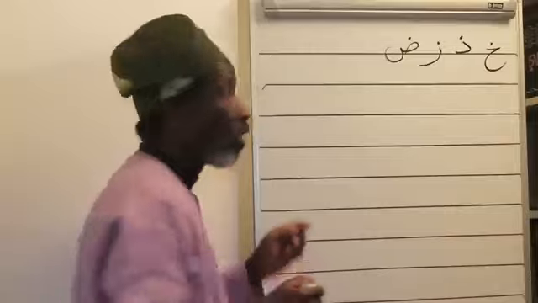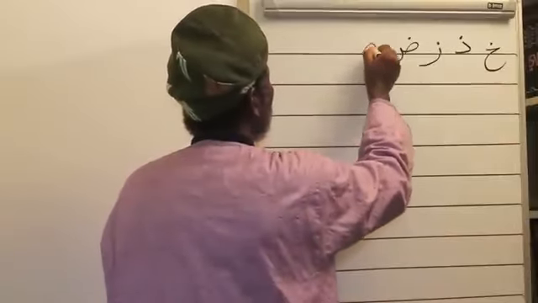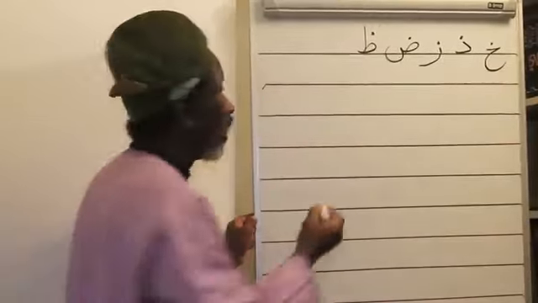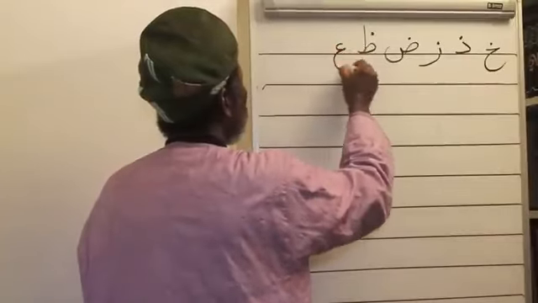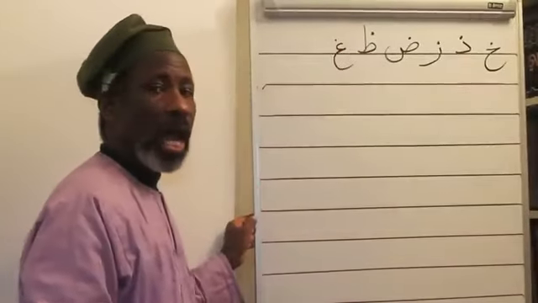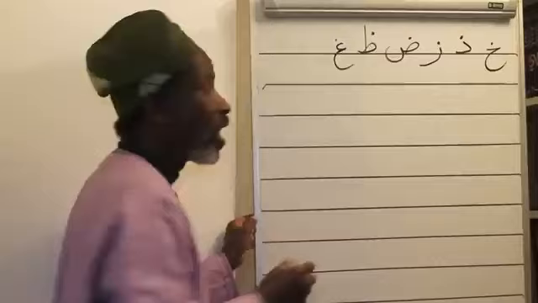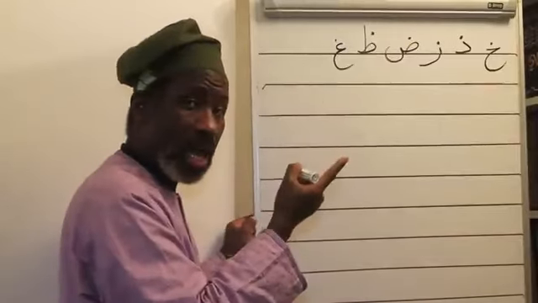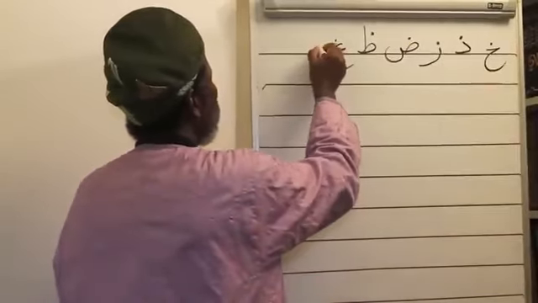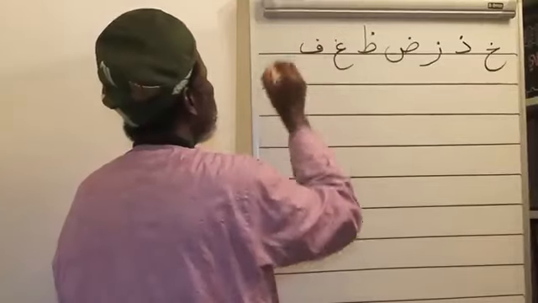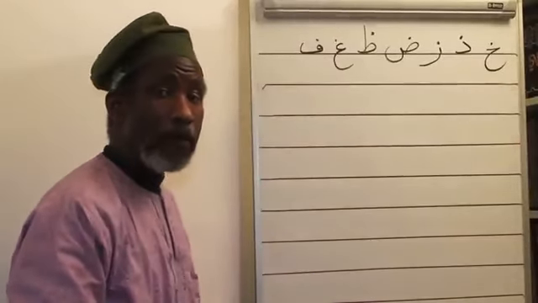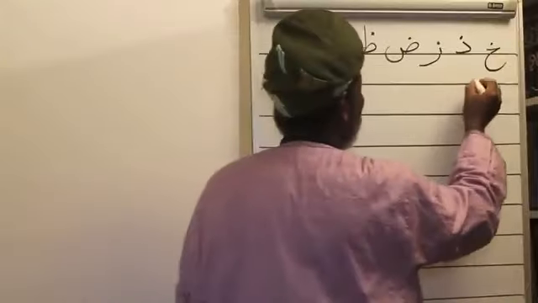Ta, dha. Ain, ghain. We have ghain, one dot. Ain, ghain, fa. So you have one dot. Qaf, kaf, lam, mim, noon.